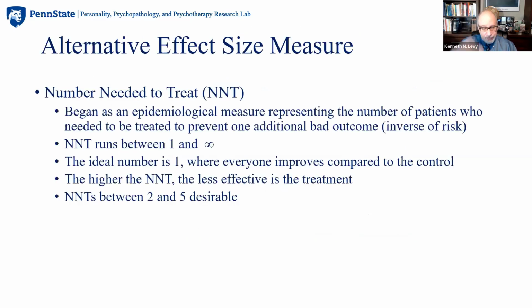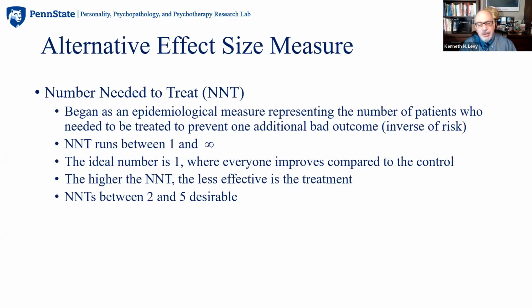There are alternative effect sizes, something called the number needed to be treated. I like this one in particular because it's really hard to think about those effect sizes and what those numbers actually translate into. But the number needed to treat is actually a way of determining how many patients you would need to treat in your practice before you would see one that actually had improvement compared to the control. And so the ideal number is one, that is everybody improves compared to the control.